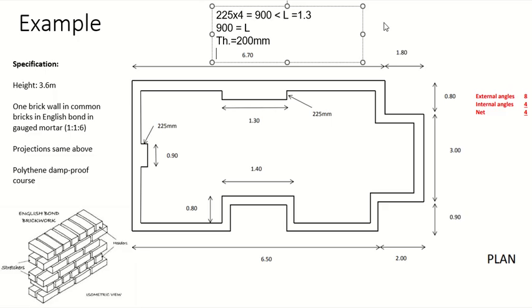And the projection on the side, I just mentioned the thickness and the area will go in the description. So the height is 3.6. That's it. This is the left projection, which is 0.9 by 0.225.